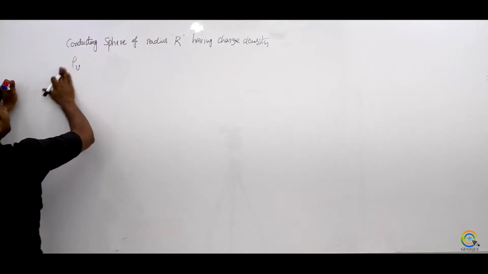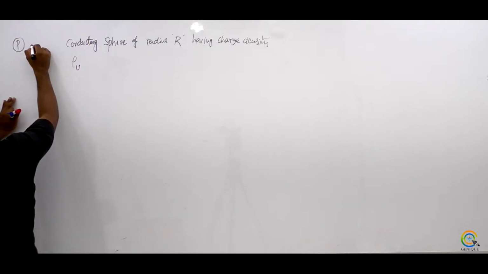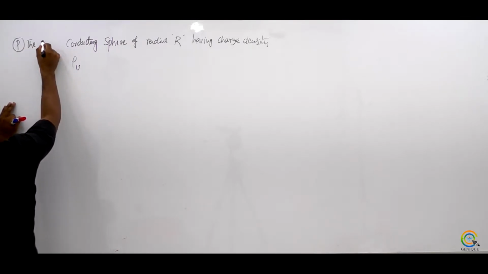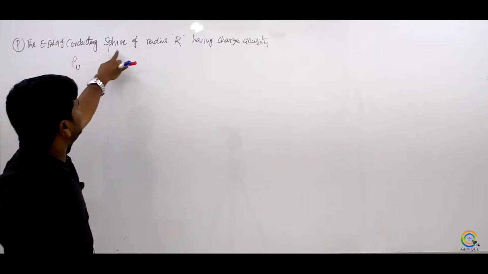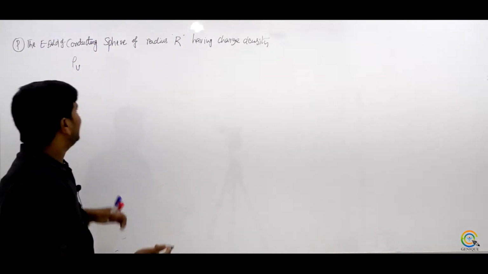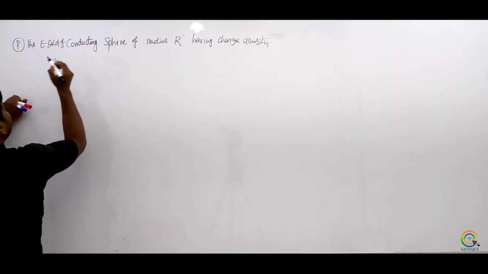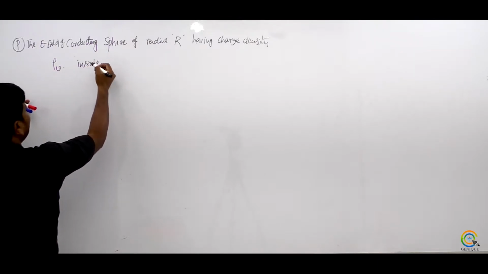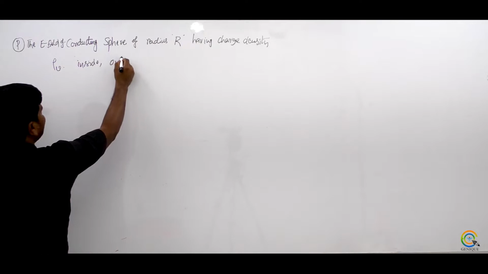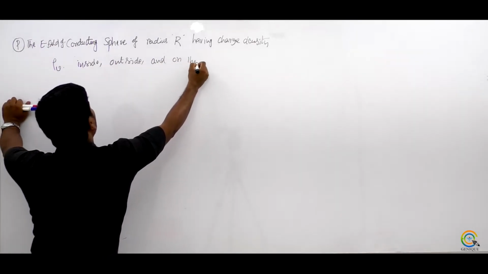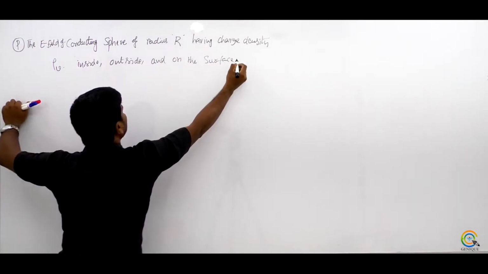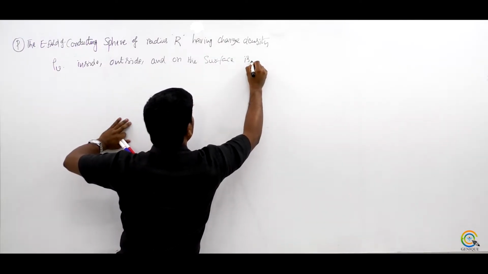The question is: the E field of a conducting sphere of radius r having a charge density rho v, inside, outside and on the surface, is dash.